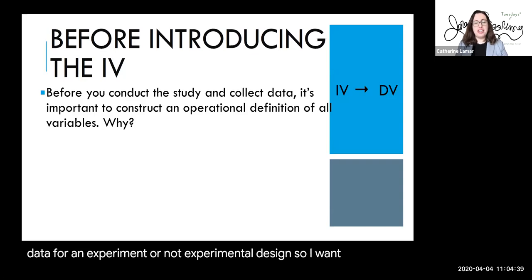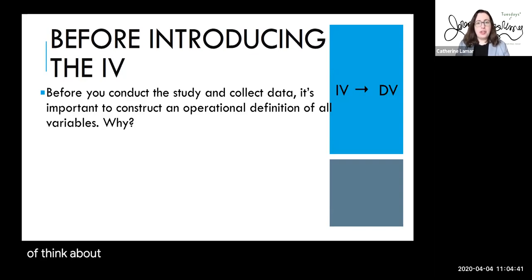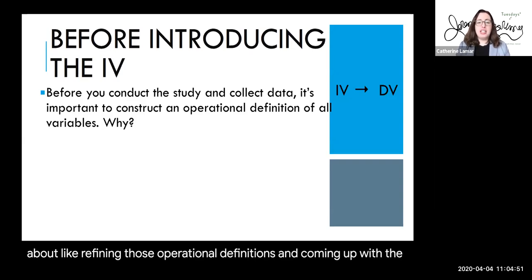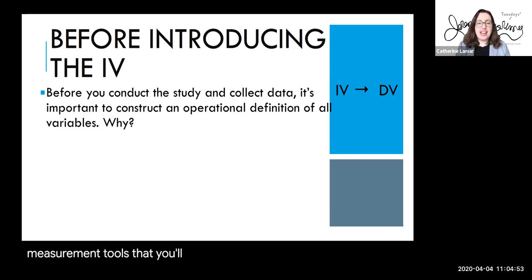So think about what your operational definitions are and keep in mind the things that we talk about in chapter 9 when you think about refining those operational definitions and coming up with the measurement tools that you'll use to actually run your study. A lot of the things that we talk about in this chapter will be really useful for that and will help you keep certain things in mind for your own data collection processes.